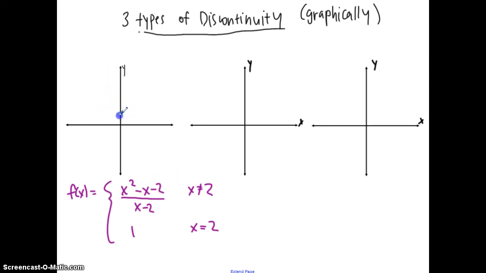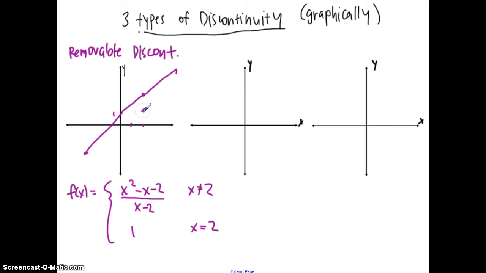So it'll look like the graph of x plus 1, except at 2, there's going to be a hole, because it's not in the domain. The function is this as long as x is not 2, and at x equals 2, the output is 1. This is what we call a removable discontinuity, because with one point, we can basically remove the discontinuity.